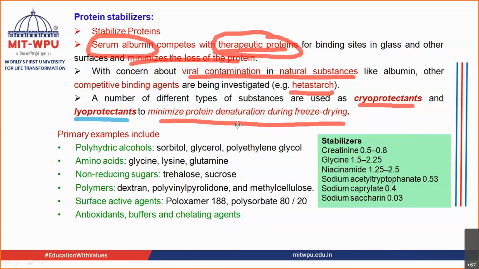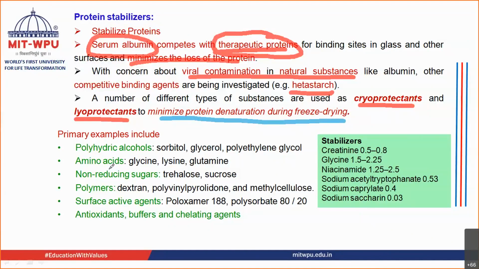So these can also be added when you are doing the freeze drying process. The examples of some of these stabilizers include polyhydric alcohol, amino acids, non-reducing sugars, polymers, surface active agents, and antioxidants. Some of the examples of polyhydric alcohol are sorbitol, glycerol, polyethylene glycol.